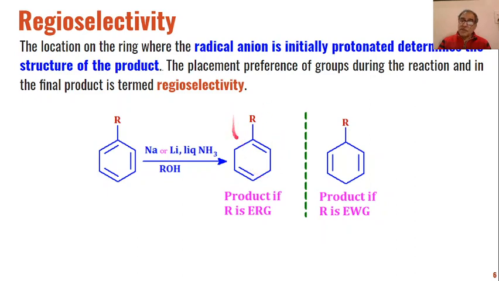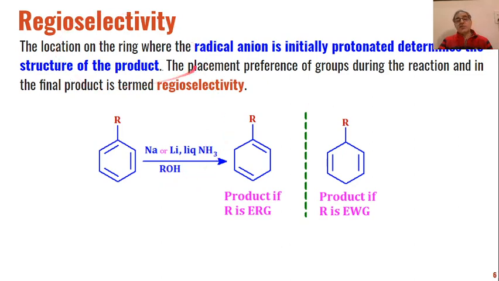So depending upon the type of functional group present, whether it is an electron releasing group or an electron withdrawing group, we get the type of product. That reaction takes place on a specific region of the molecule. That is why the Birch reduction also shows regioselectivity.